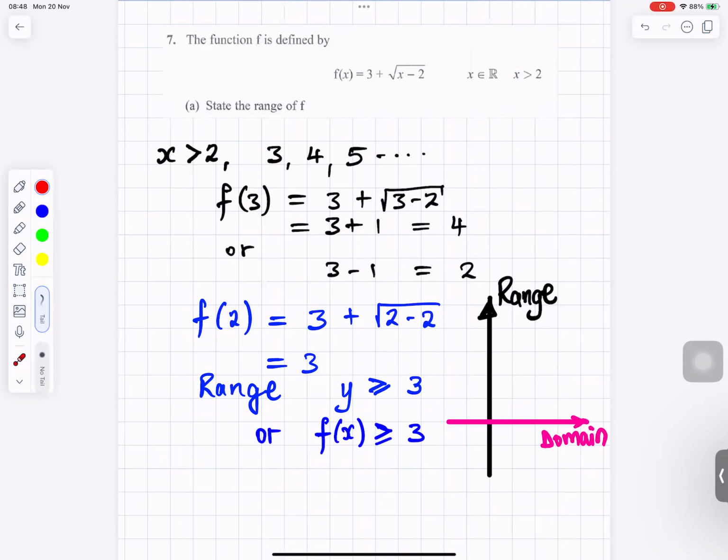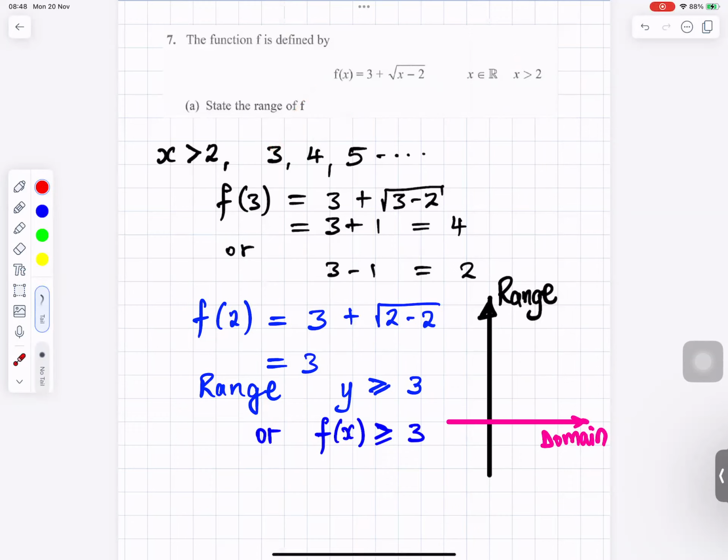If it's smaller than 2, say 1, then 1 minus 2 would be minus 1, and you cannot find the square root of minus 1 unless you use complex numbers. So x has to be bigger than 2. So x can be 3, 4, 5 upwards, all the numbers bigger than 2.